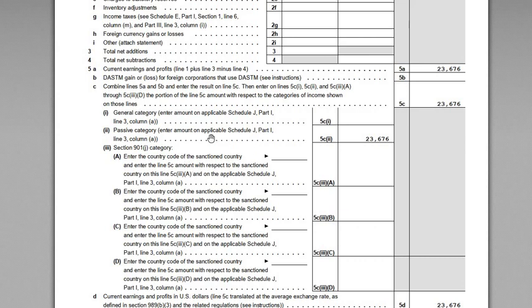And if you look at those forms, you'll note that they require you to break out what's general category income versus passive category income. So passive category income in this context includes portfolio income, so the interest, dividends, rents, royalties, sale of capital assets, for capital gains or losses.